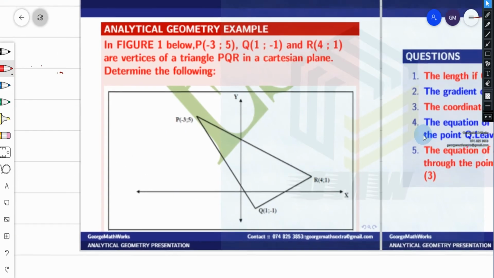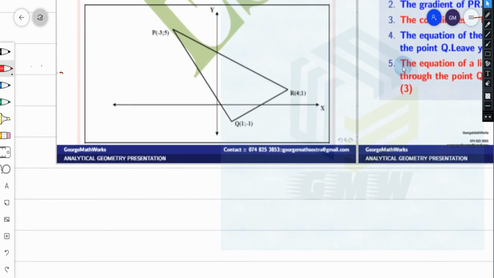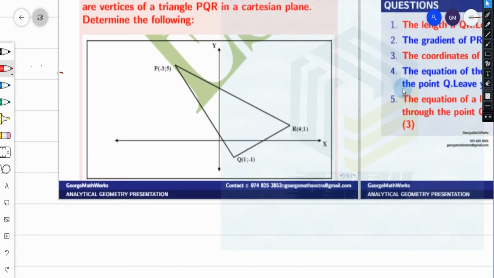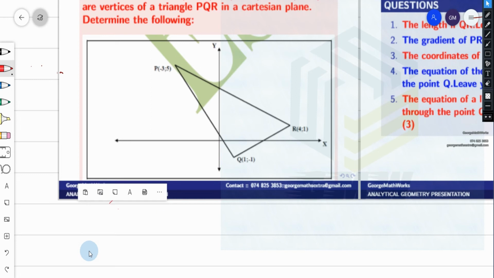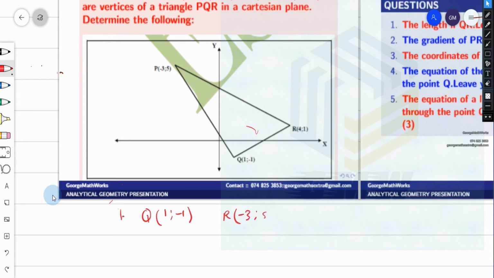So here, I'm going to write down the coordinates of Q and the coordinates of R clearly. We want to do question number 1 here. So the coordinates of Q are (1, minus 1), and the coordinates of R are (minus 3, 5).